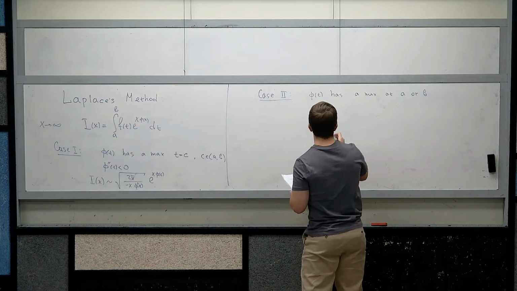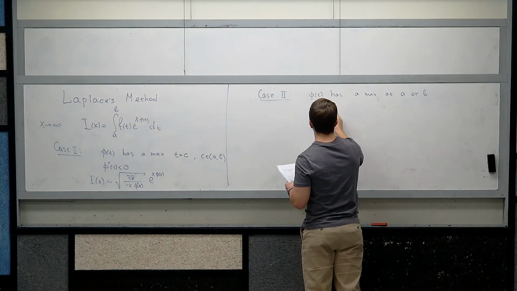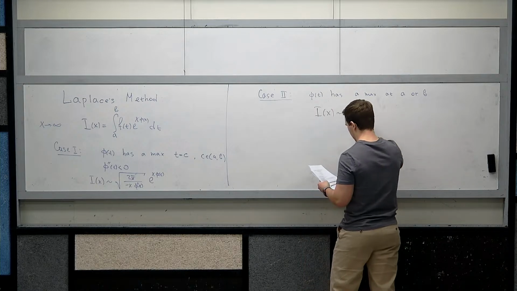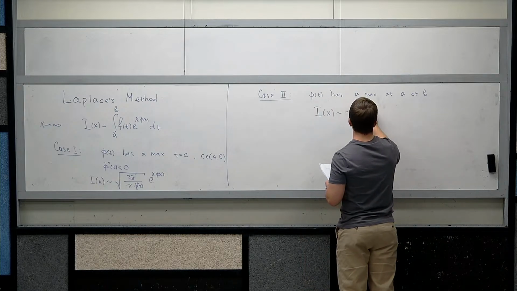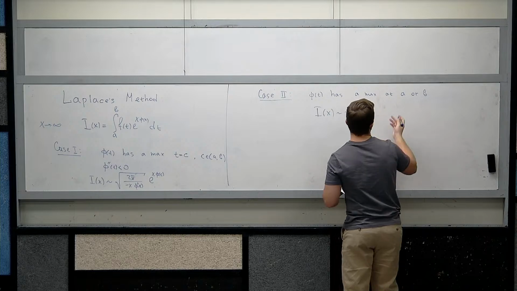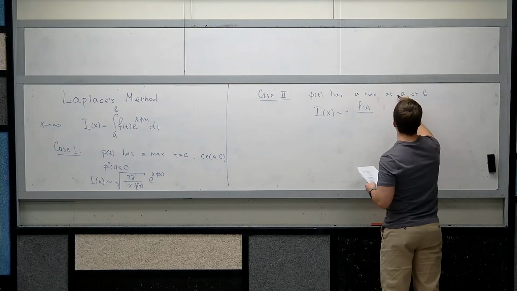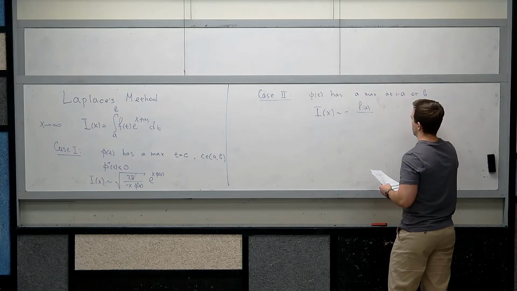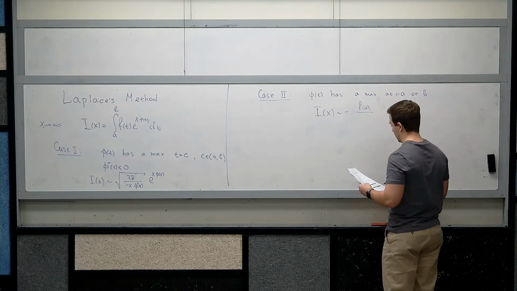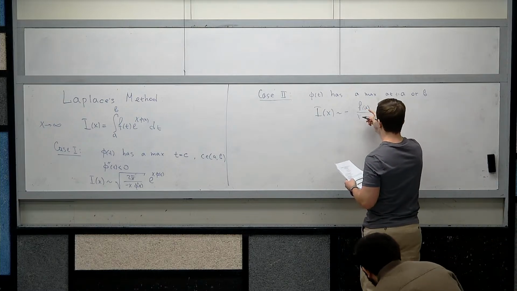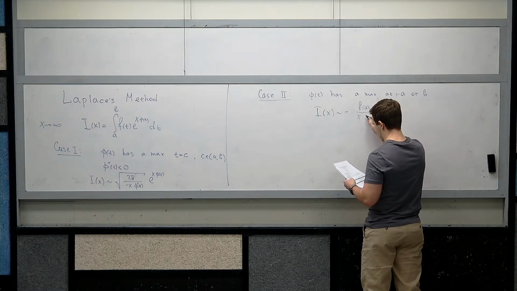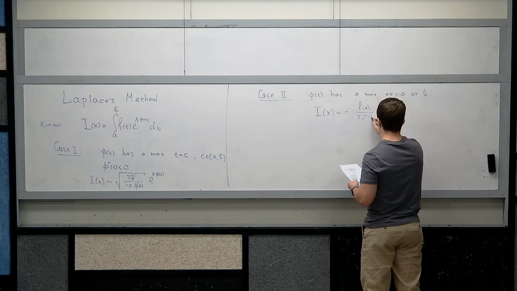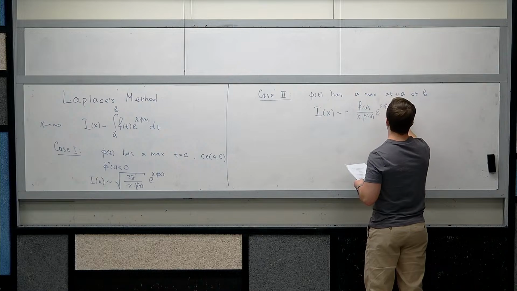In this case, the integral is approximately minus f of A. I'm writing it for t equals A, but in the case of B, we just need to change A to B. So, x phi prime of A times e to the x phi of A.